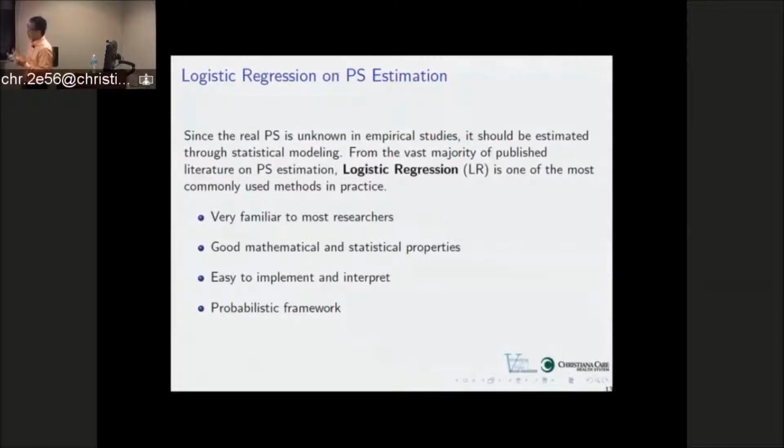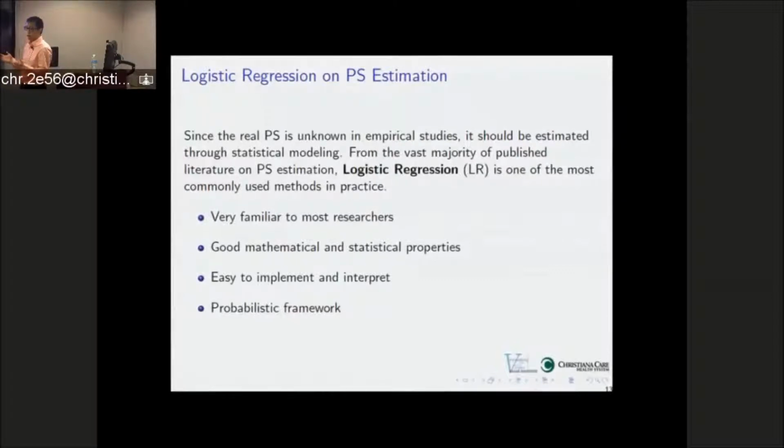I think it's because it's very familiar to almost everyone. Everybody knows what logistic regression is, and we know logistic regression has pretty good mathematical and statistical properties, giving us a beautiful mathematical framework. It's also very easy to implement and interpret.